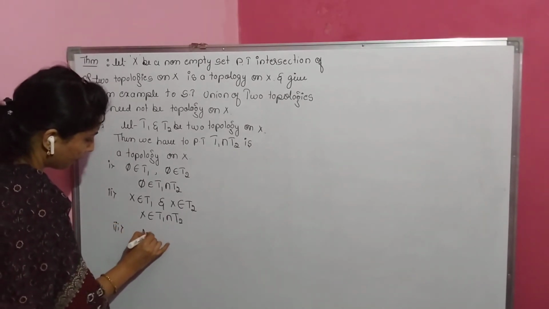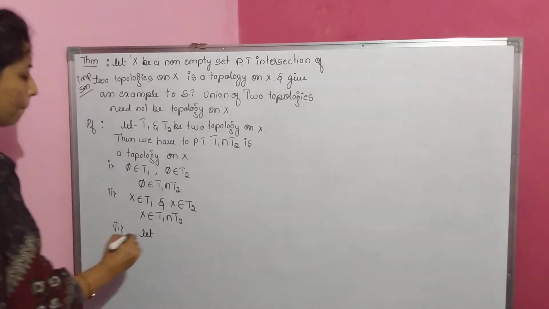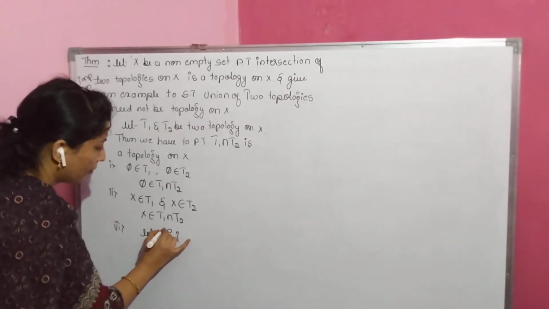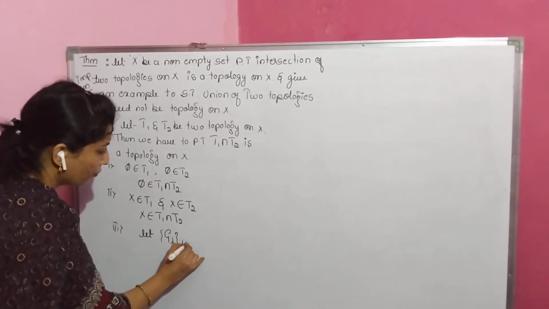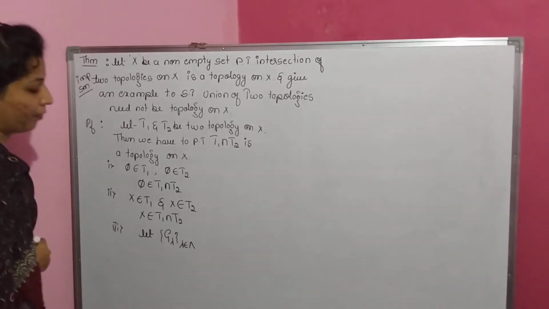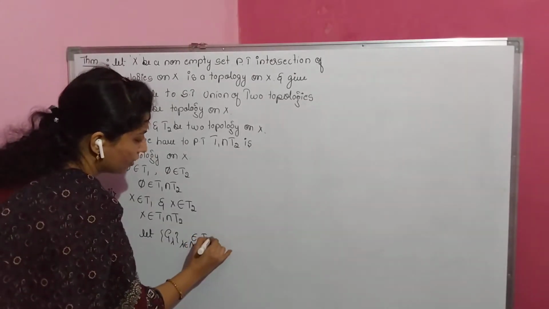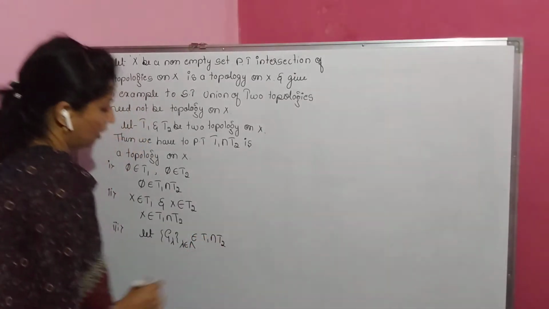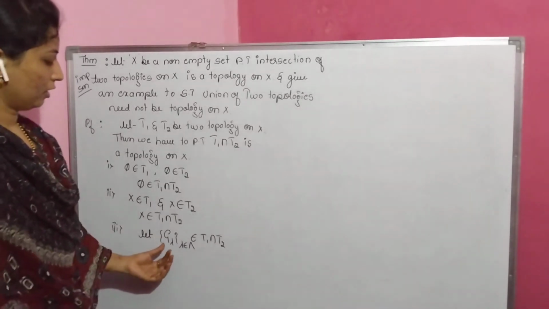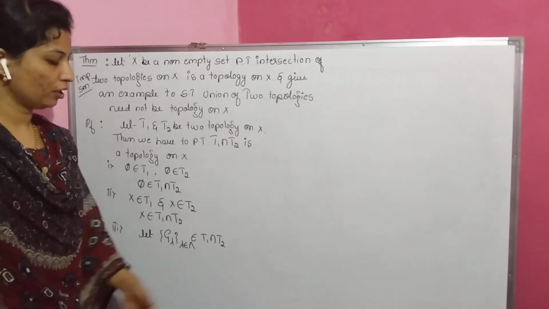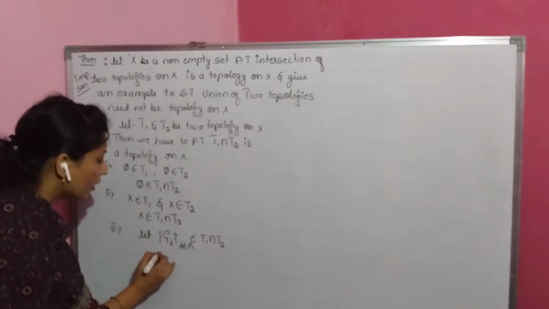Let G lambda belong to T1 intersection T2. It means if G1 is an element of T1 intersection T2, then it is a common element.